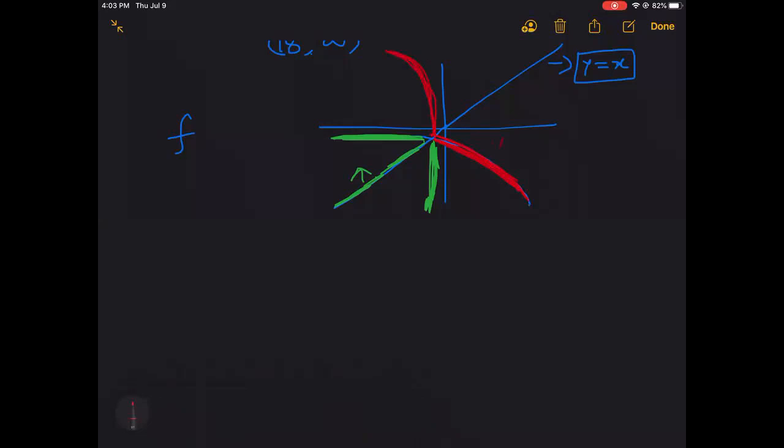Can you see the symmetry here? Does it make sense? So finally, your graph will look like this, the white line. Very good.